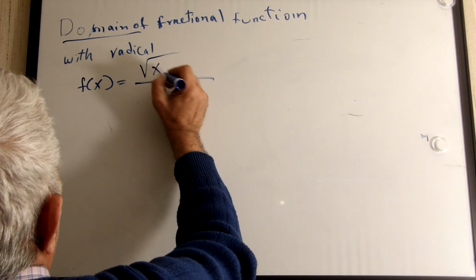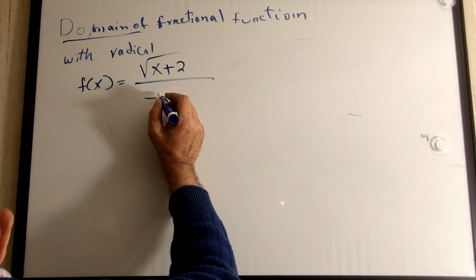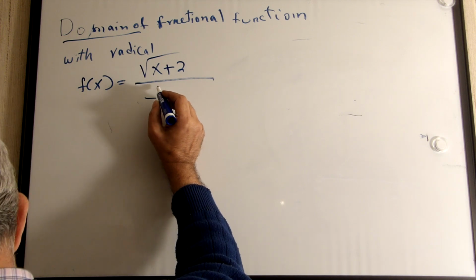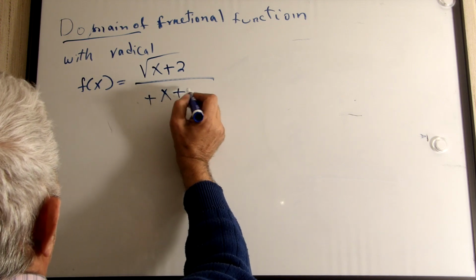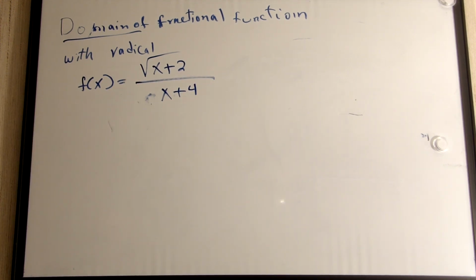The radical should be the numerator and the denominator is going to be, let's say, x plus 4. Sometimes when you have two, what is going to be the answer for this?